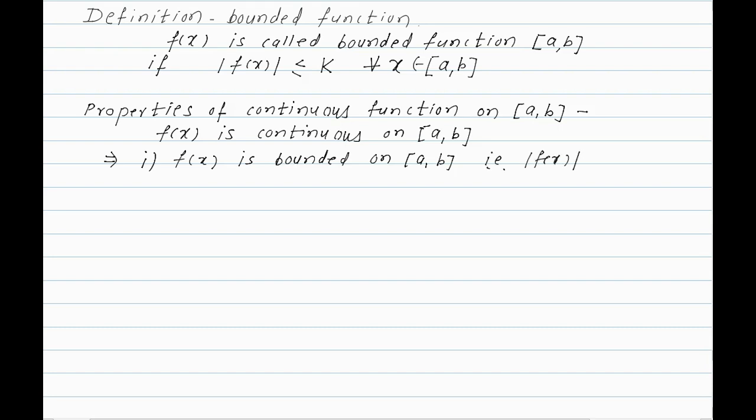Mod of f of x will be less than some constant for all x in closed interval a comma b. Second property, if f of x is continuous on closed interval a comma b, then f of x attains its bounds.